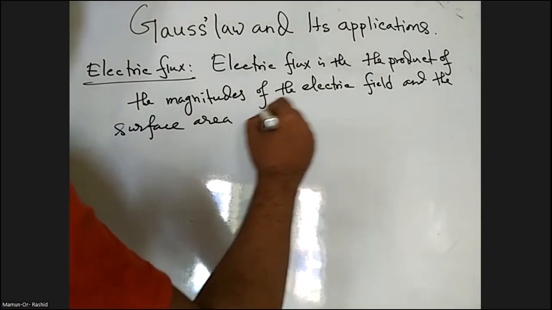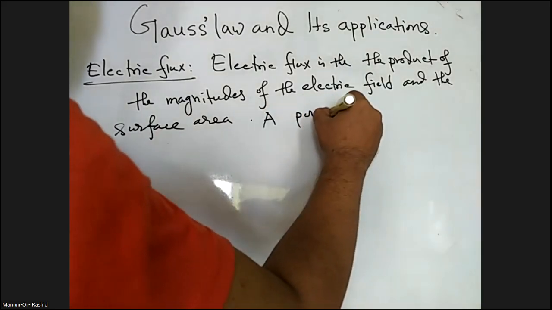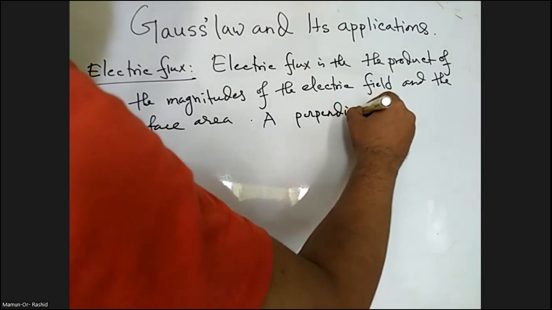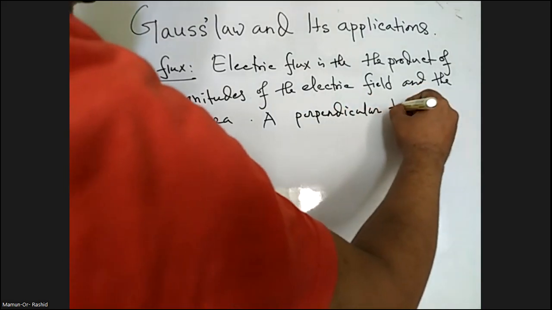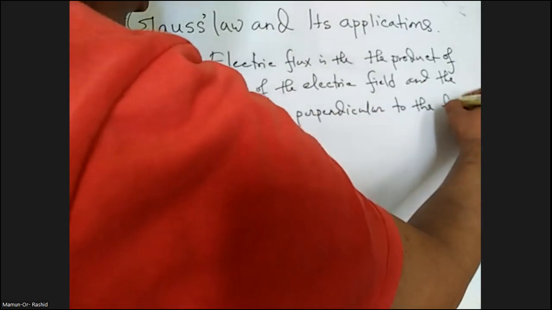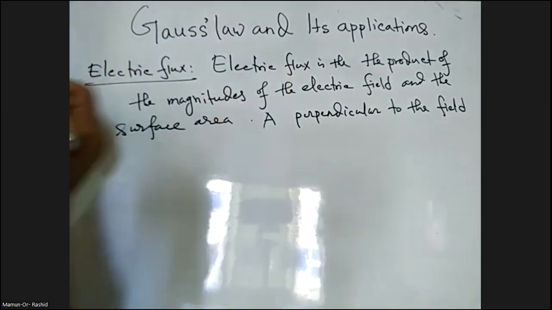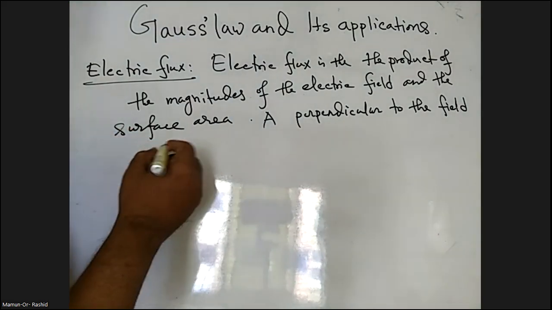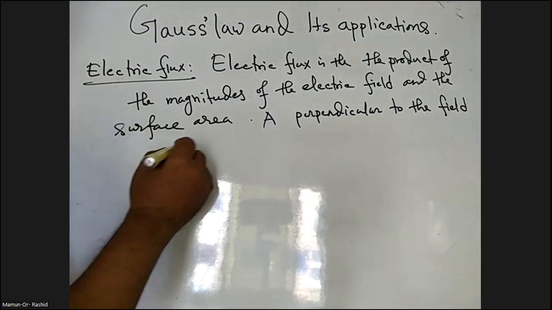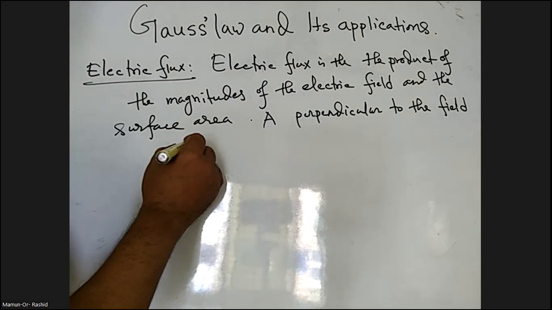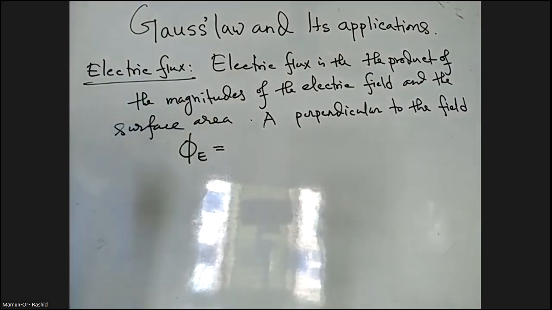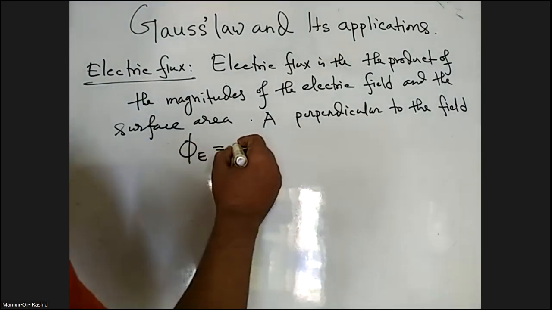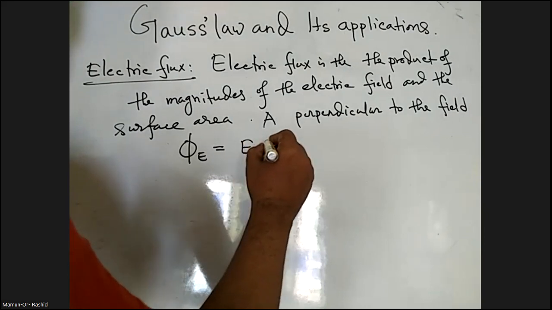So Φ_E equals the electric field multiplied by the area.